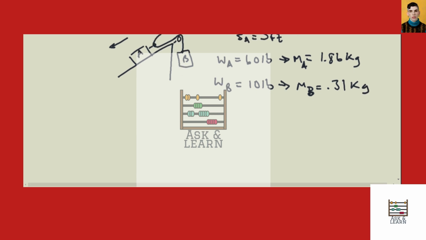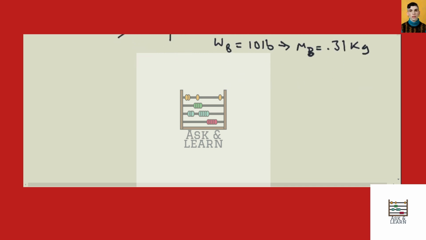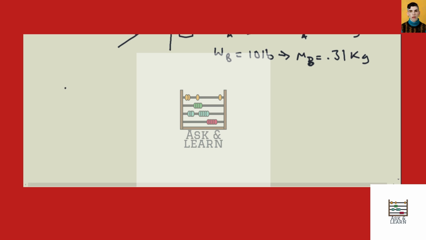So since we're dealing with a distance of 5 feet and we're dealing with forces on the blocks, and we also have speed involved, we can use the work energy principle to find the velocity VA. So the way this works is we're given the equation: kinetic energy initial plus the work being done is equal to the final kinetic energy.